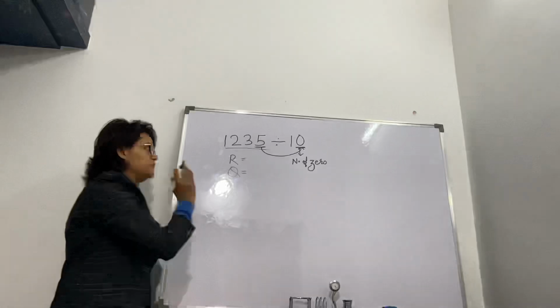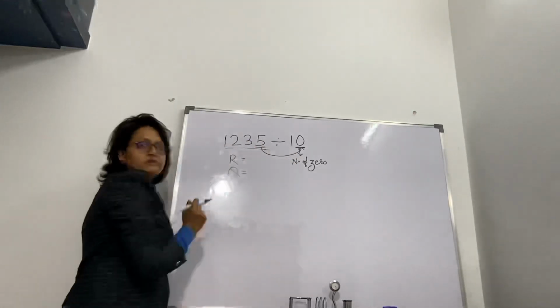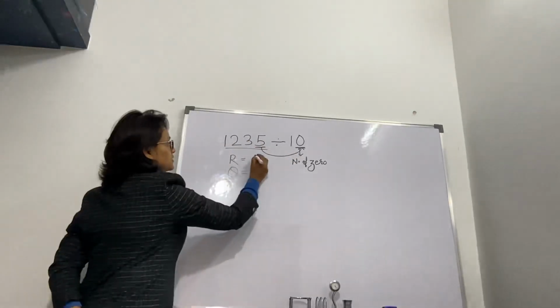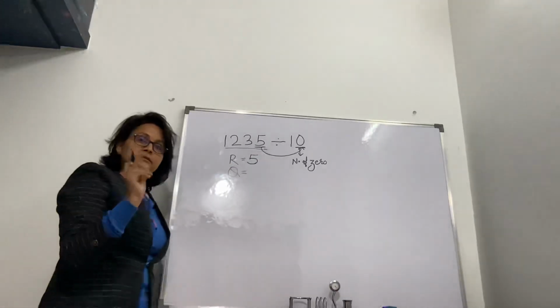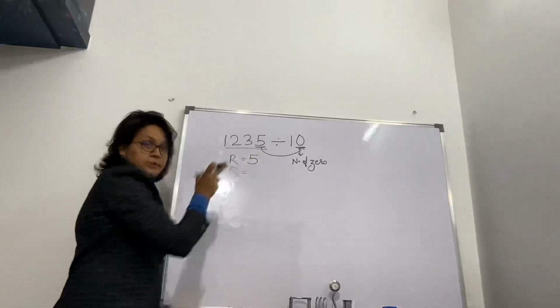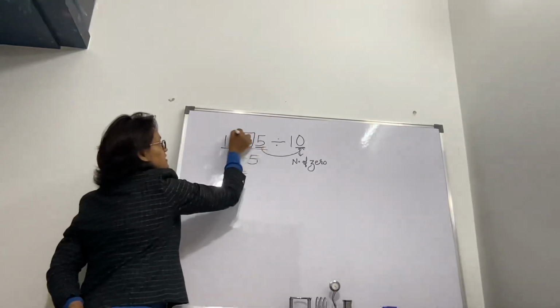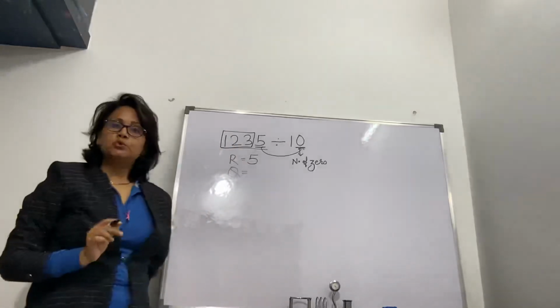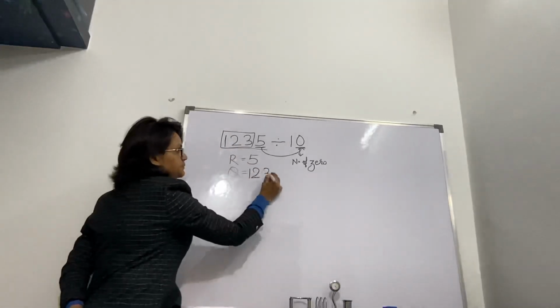The number from the right side, by counting the number of zeros, this becomes our remainder. So remainder is 5. The other numbers, whichever are available in that particular set of numbers, are the quotient. So the number which is left to us is 123. So this will be the quotient.